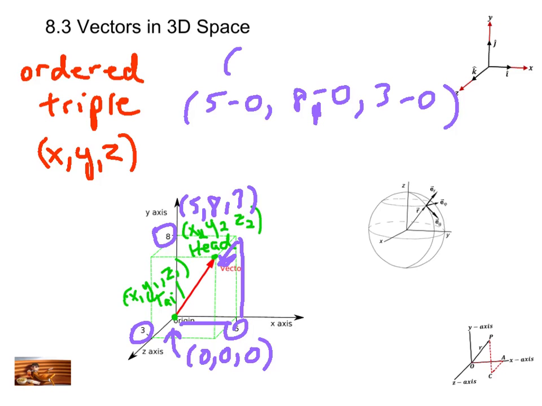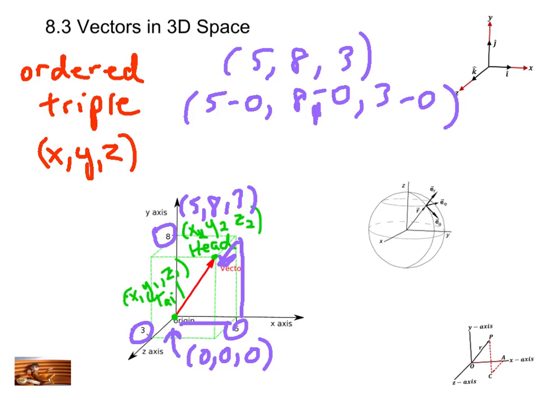And that's going to give us a value of 5, comma, 8, comma, 3. That's the same value as the head, because when we subtract these values, what this tells us is what xyz value the head would be at if the vector was translated back where it started at the origin. Since ours already started at the origin, we got 5, 8, 3 back.